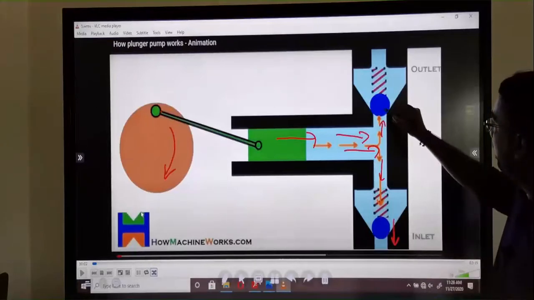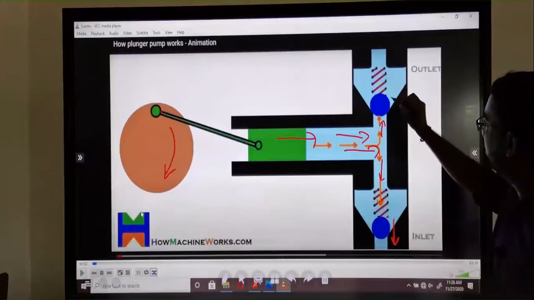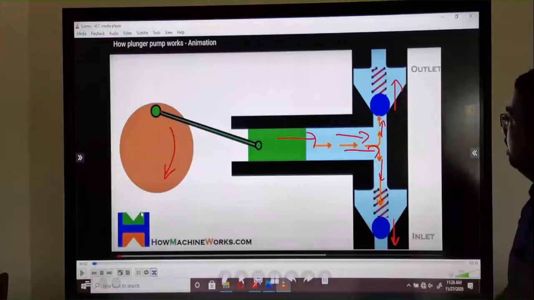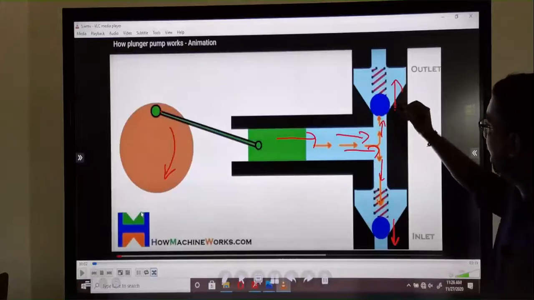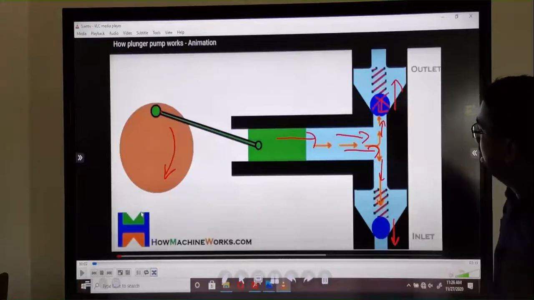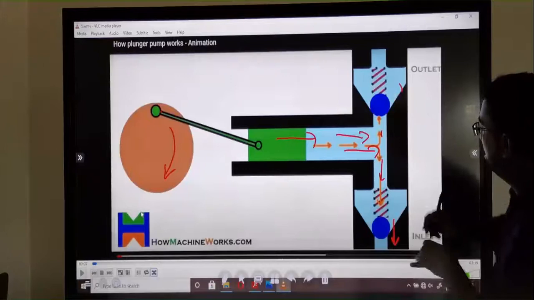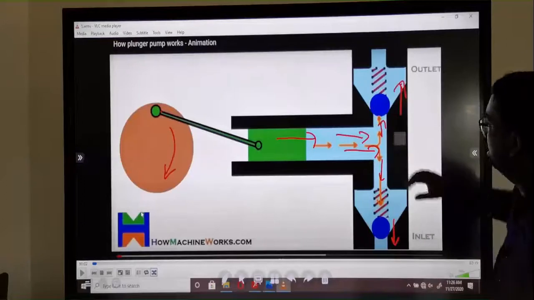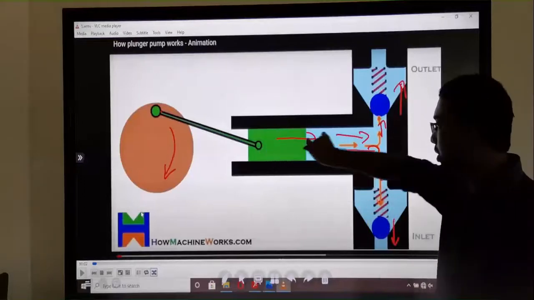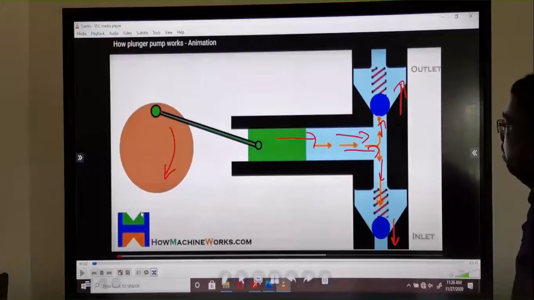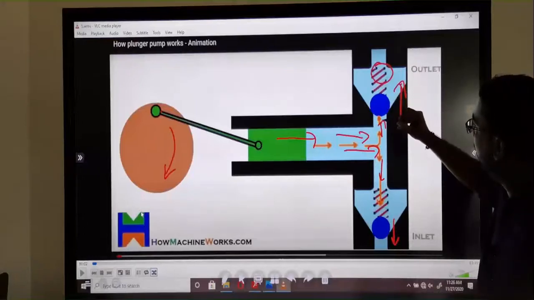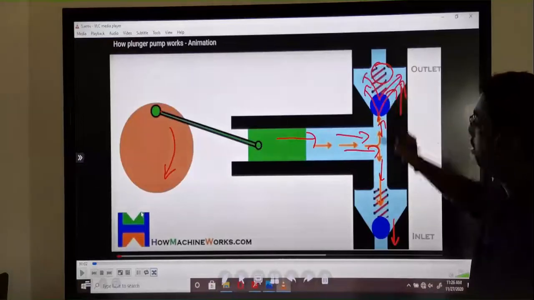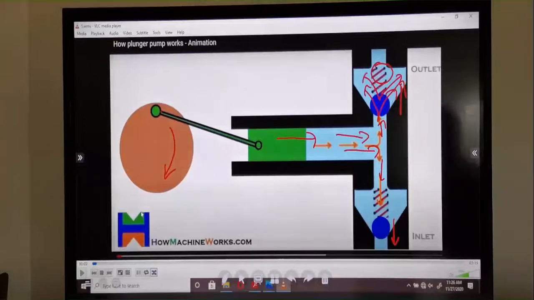But here the resistance is high, so this valve can move to this side. So when the plunger comes this way, only this valve moves. That means the valve is moved like this, so there is a space, and the fuel moves to this area.